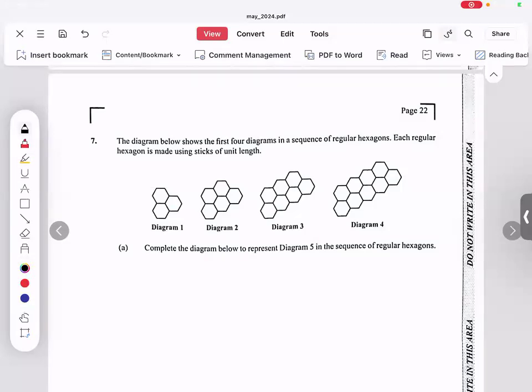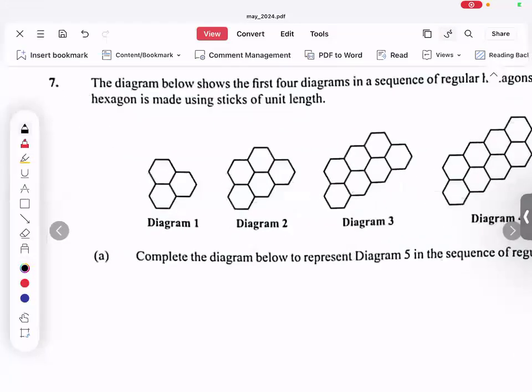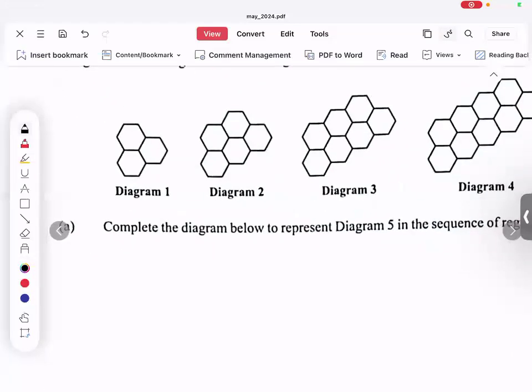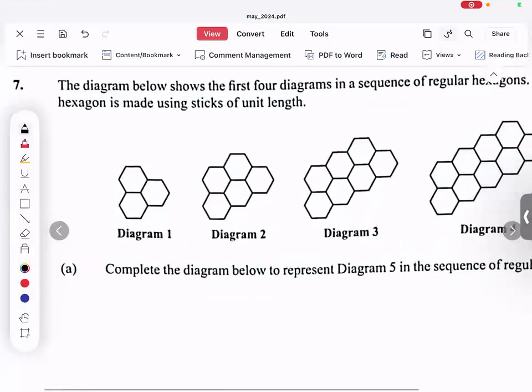Each regular hexagon is made using sticks of unit length. Unit length means one unit. So each of these represents 1. So 1, 1, 1, 1, 1, 1. That is what unit length means.